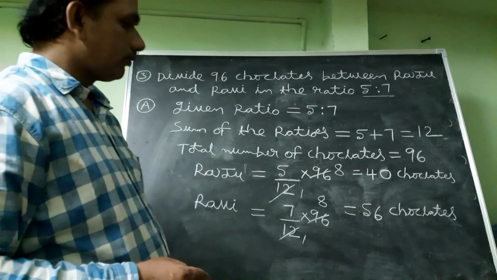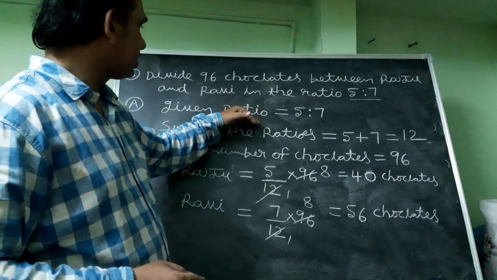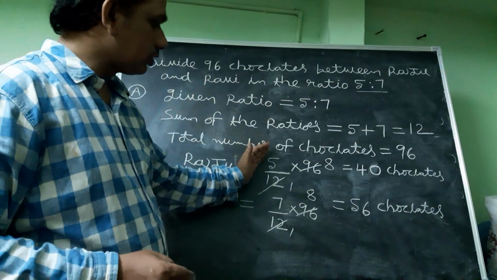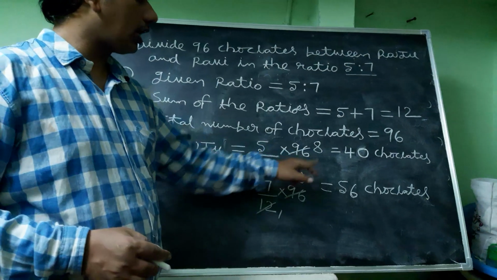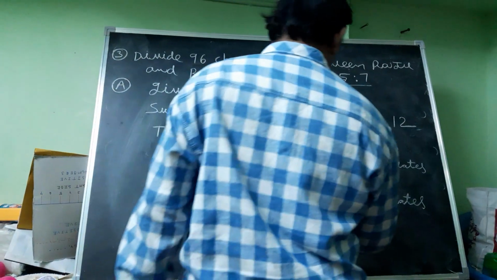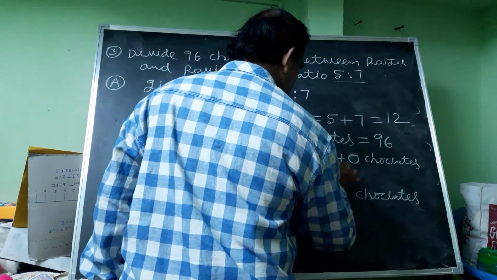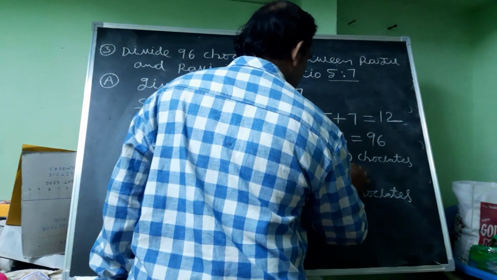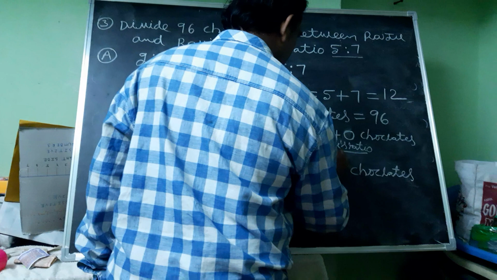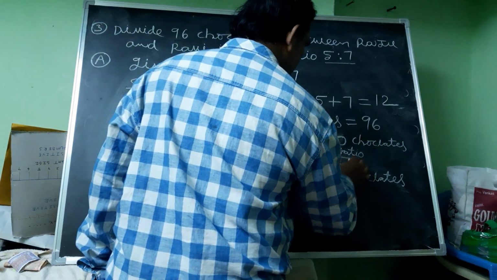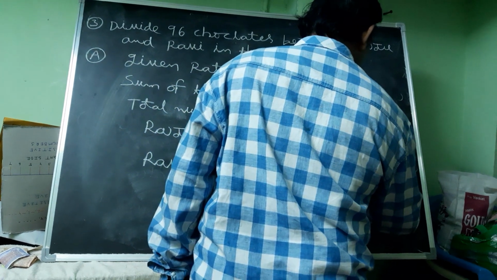So here we will use one formula. What is the formula? Raju's ratio by total ratio into total number of chocolates.